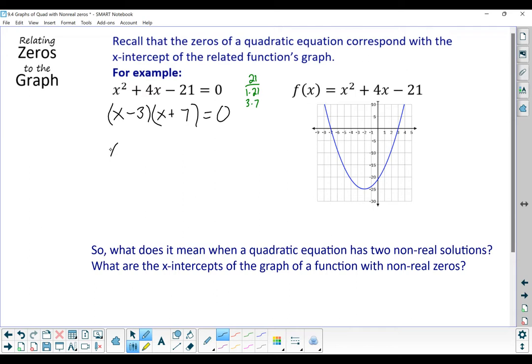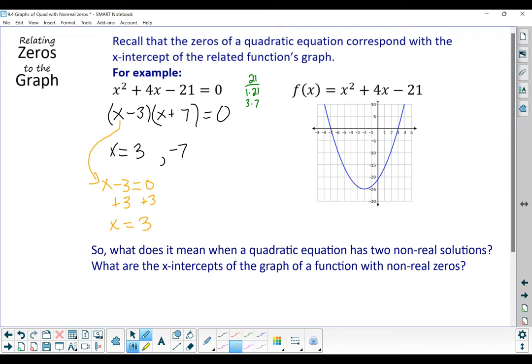So the two solutions are positive 3 and negative 7. And remember, those solutions come from setting each factor equal to 0 and solving, but we usually do this step in our head because we can. So if x minus 3 is equal to 0, then x is equal to 3.